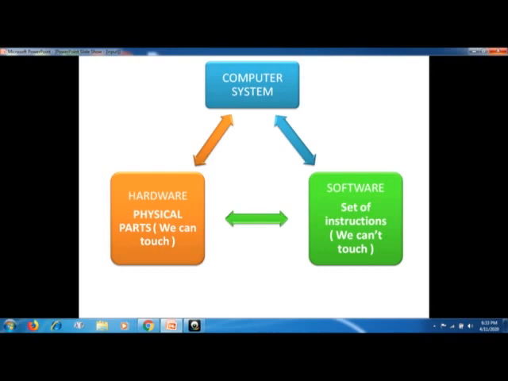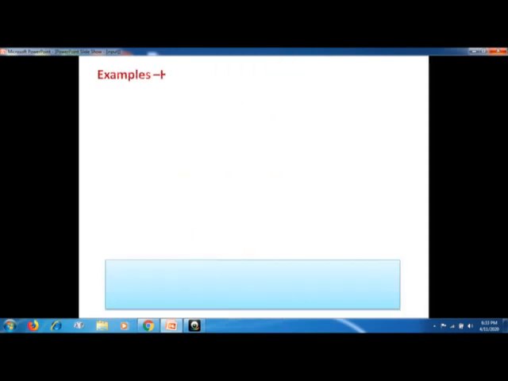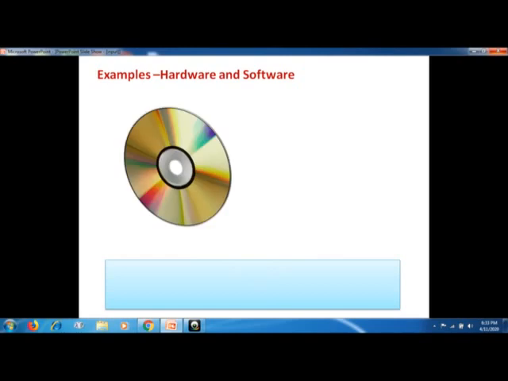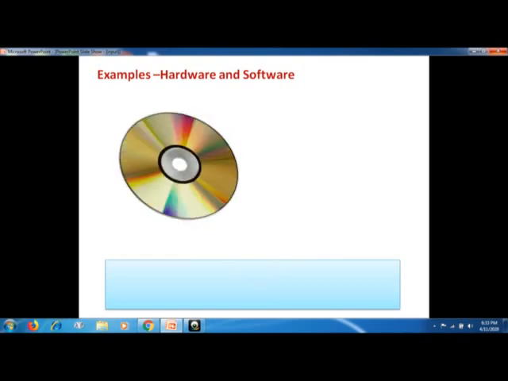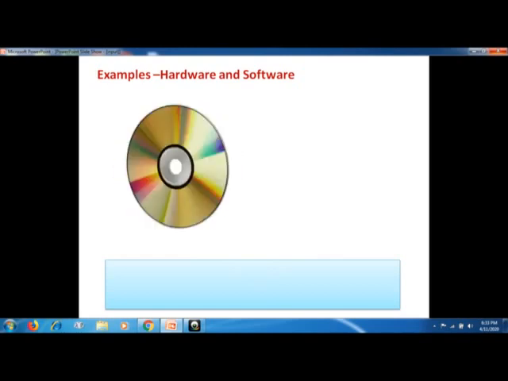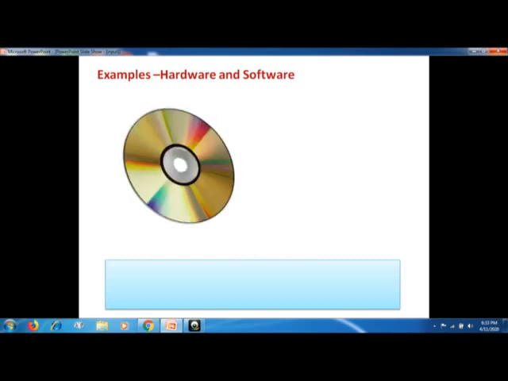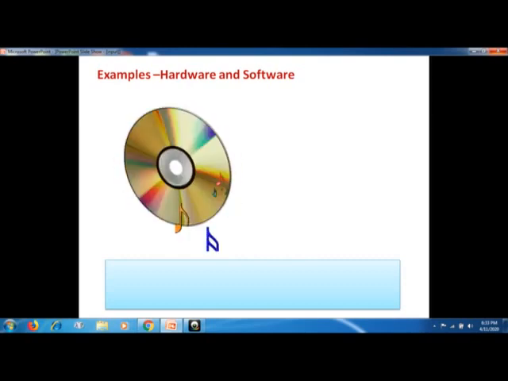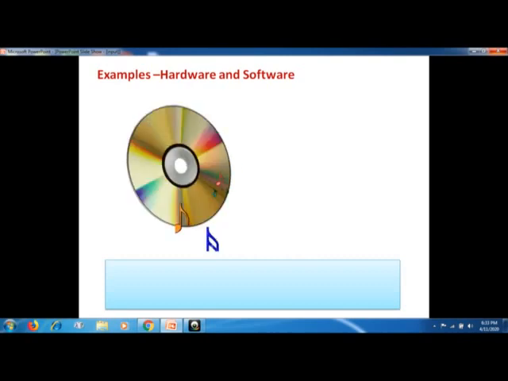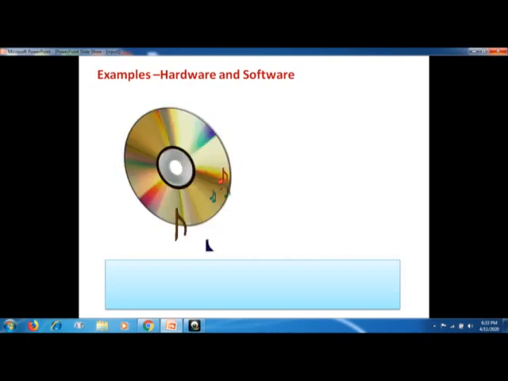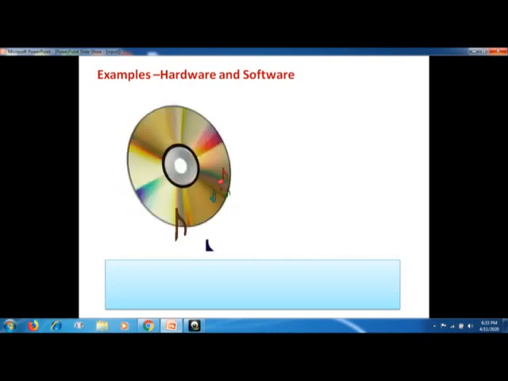Now let's take one more example to clear up hardware and software. Suppose there is a CD. Now you can see the CD moving on the screen, and some songs also playing in that CD. So the music is coming out of the CD.